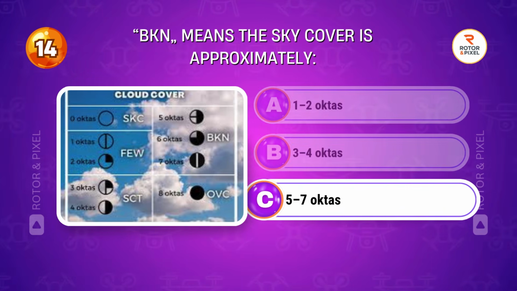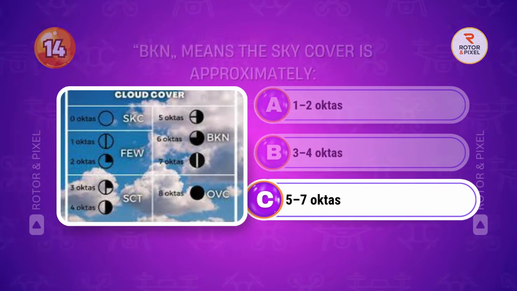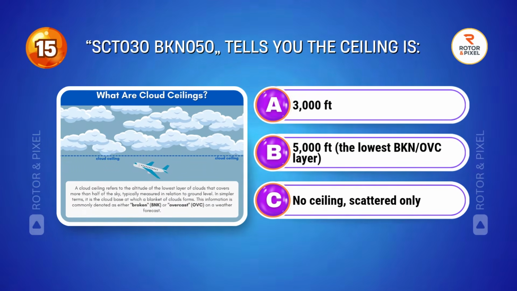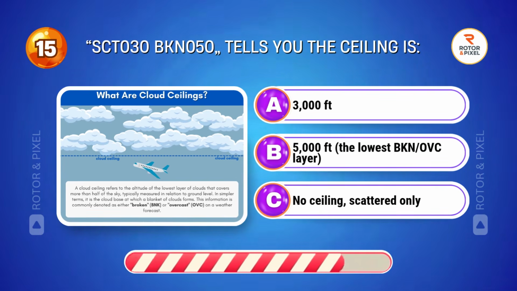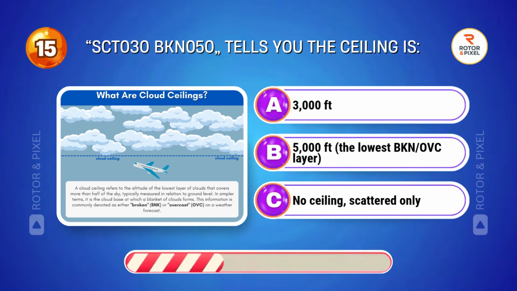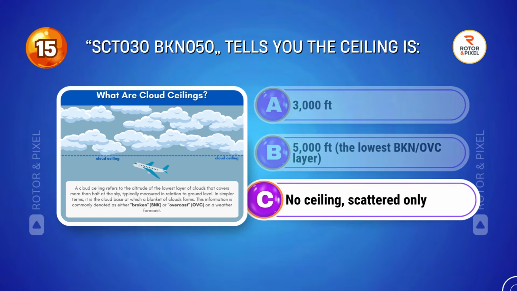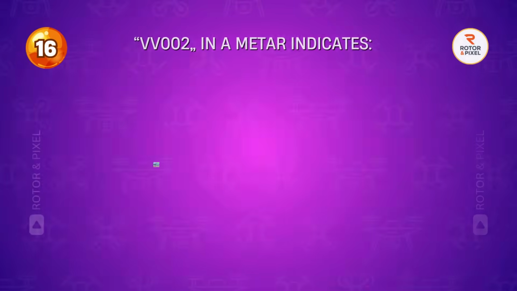Answer C, 5 to 7 oktas. SHRA 030, BKN 050 tells you the ceiling is? Answer B, 5,000 feet, the lowest BKN or OVC layer.